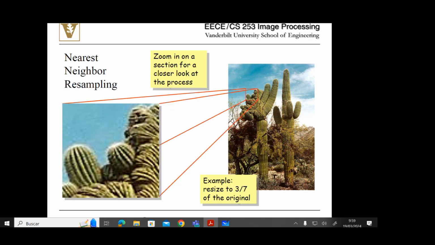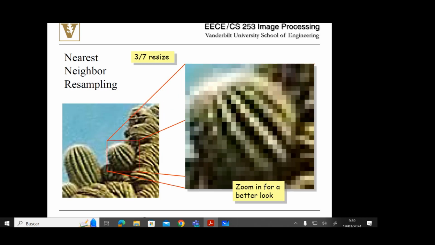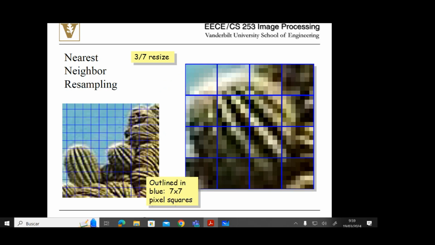So this idea is for integer decimations or upsamplings, and now we can expand to something called the nearest neighbor approach. Okay, so let's say that we have this image and we want to change the sampling rate by a factor of 3/7. Let's see how to do that. First, this is a very graphical situation. Let's say that this is our original image, and we want to make it smaller.